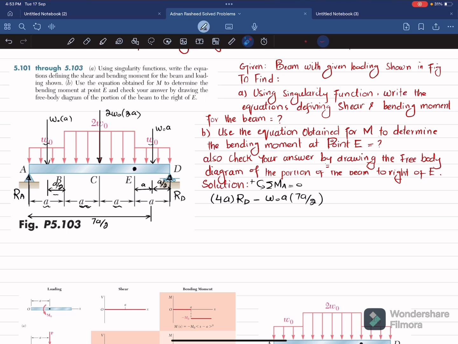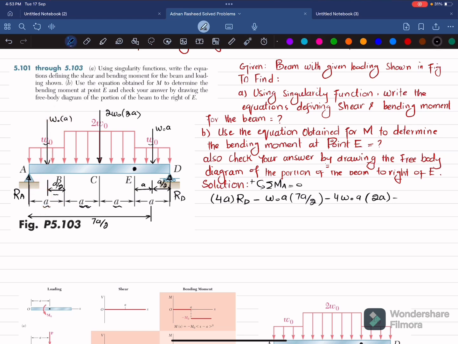Another moment about point A is from this load multiplied by the perpendicular distance 2A, and this is also clockwise, so it will be negative. So I will write minus 4W naught into A into 2A. And the last force producing moment about point A is W naught into A, and the perpendicular distance is A by 2, and this will also be clockwise.